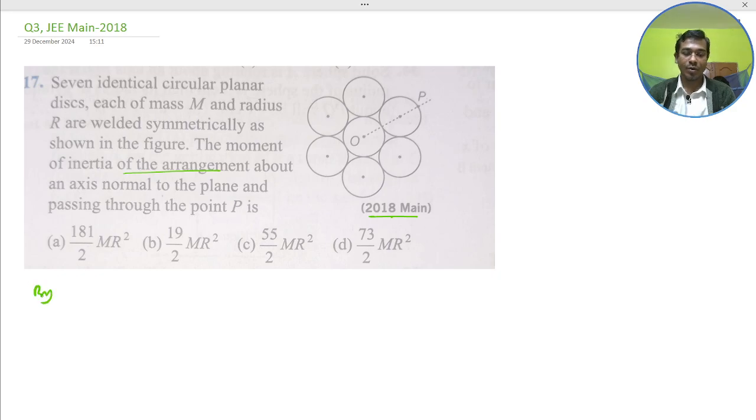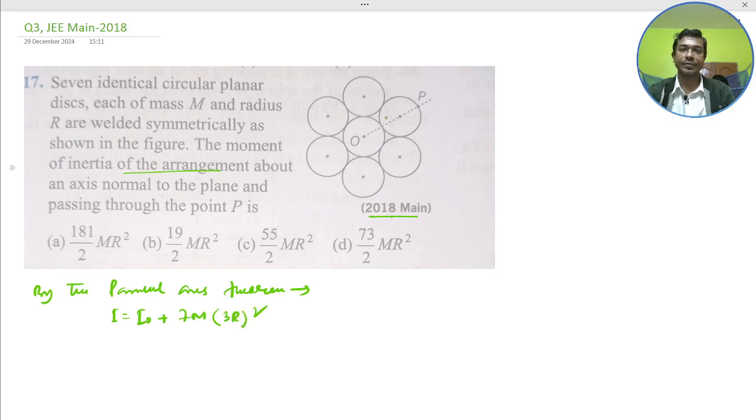So by the parallel axis theorem, you just know I equal to I naught plus m r square. 7 m, r means 3r. So R, here R, here R, here R. So just put this value.